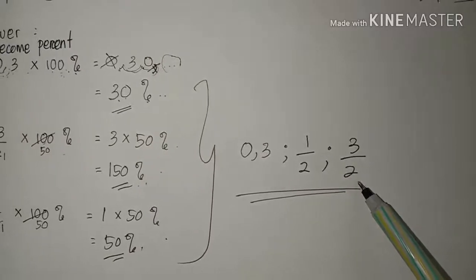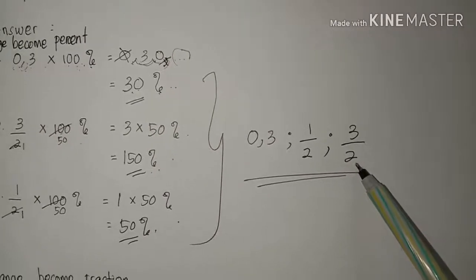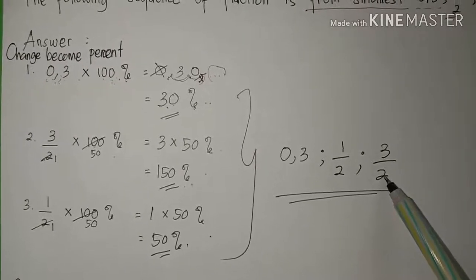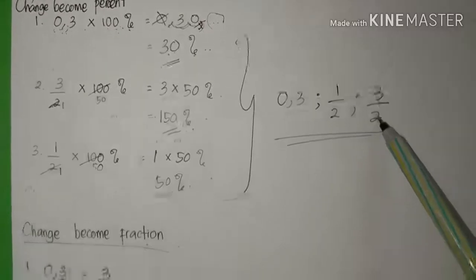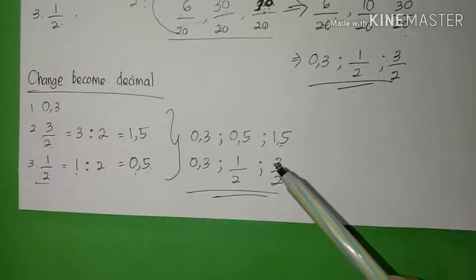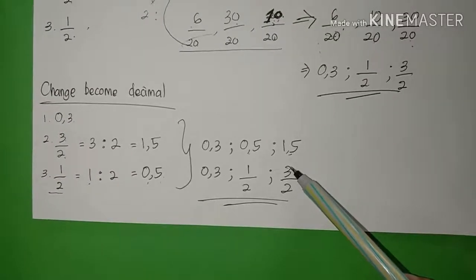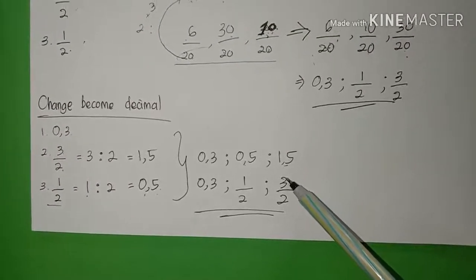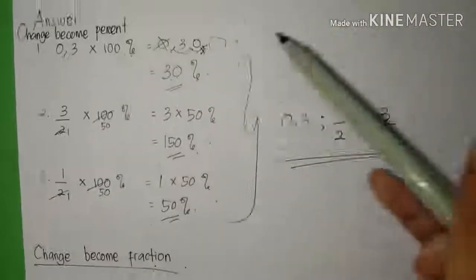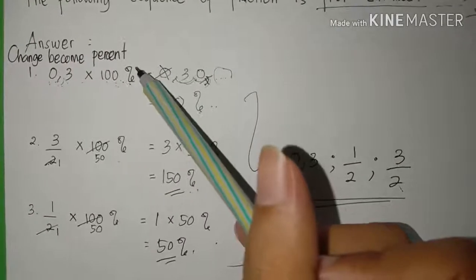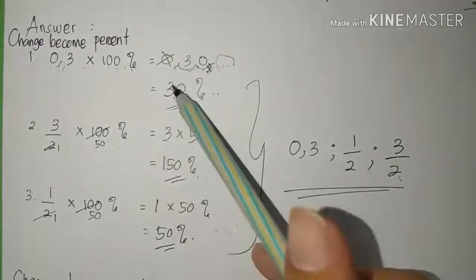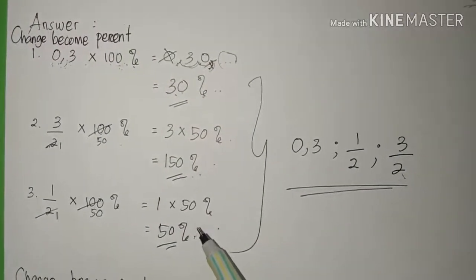So the conclusion is you can choose one way. You can choose to change to percent, it's okay. You can choose to change to fraction, it's okay. You can change to decimal, it's okay, because all of the ways have the same answer. And I suggest you change to percent, because this is the easier way.